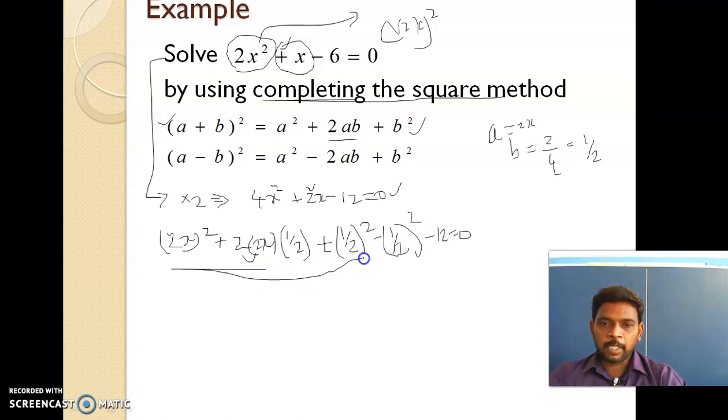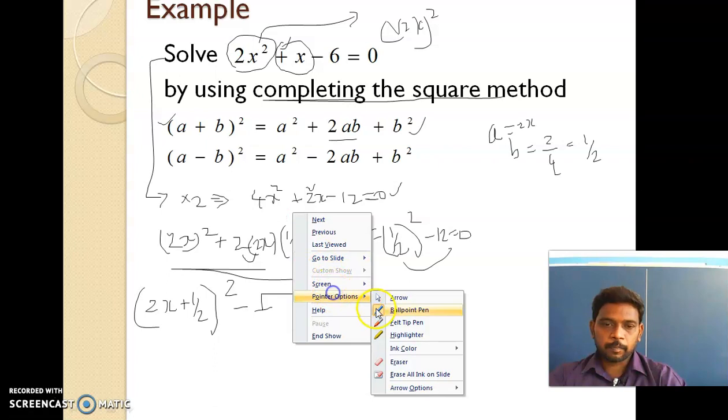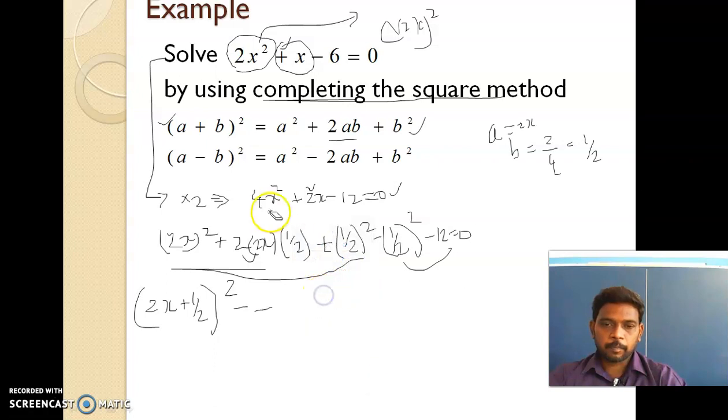So the first three terms now become in the form of the formula, a value 2x plus b value 1 by 2, so 2x plus 1 by 2 whole square, and the last two terms are minus 1 by 2 whole square and minus 12 equal to 0.